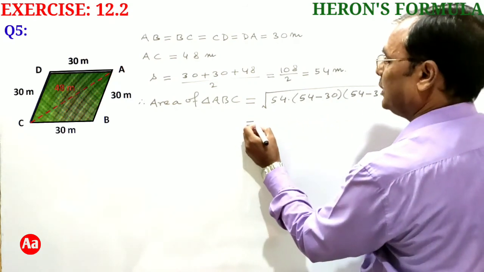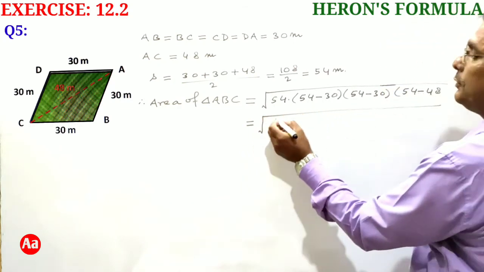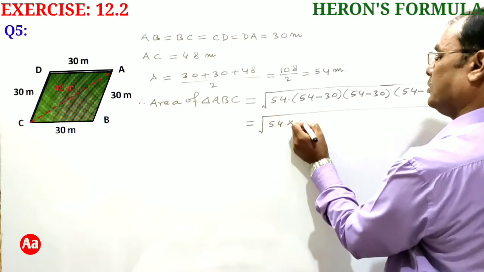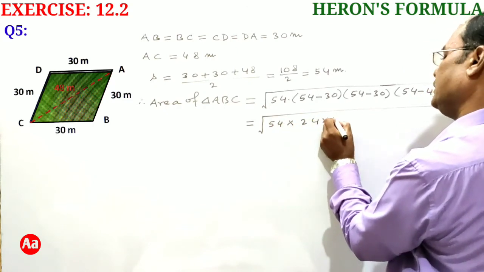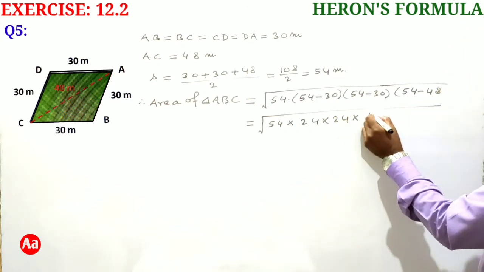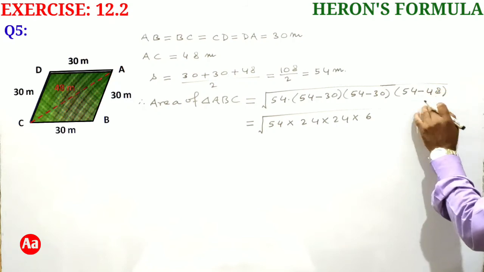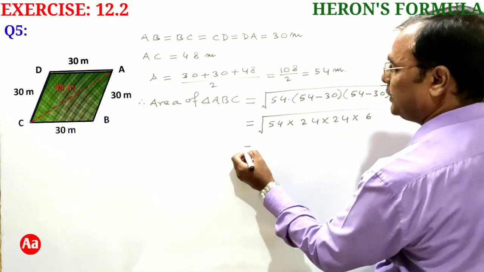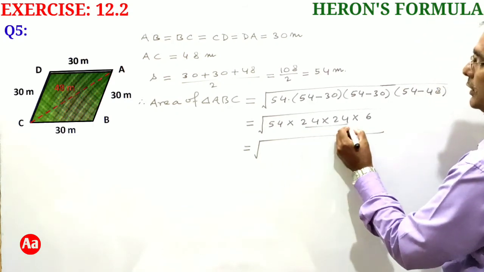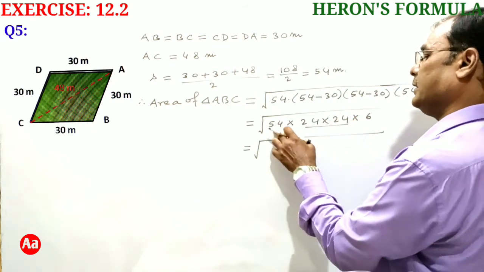This is equal to under root 54 into 24 into 24 into 54 minus 48, 6, which is equal to this. 24 into 24 itself is a perfect square, no need to change it.